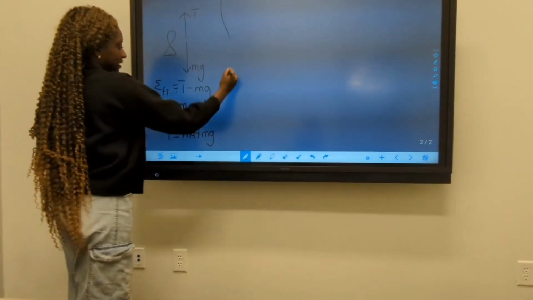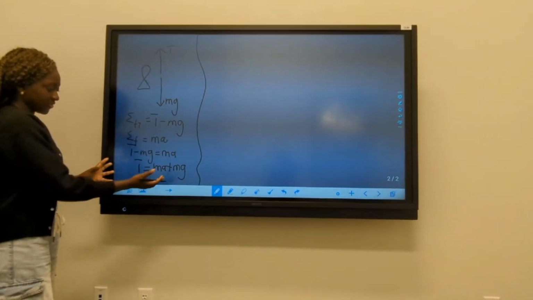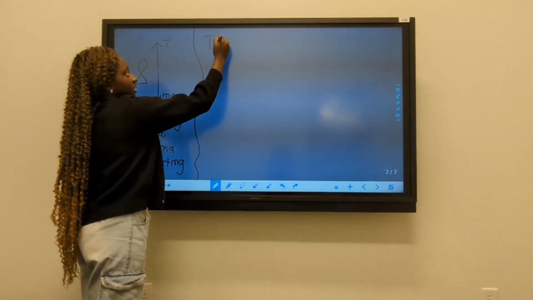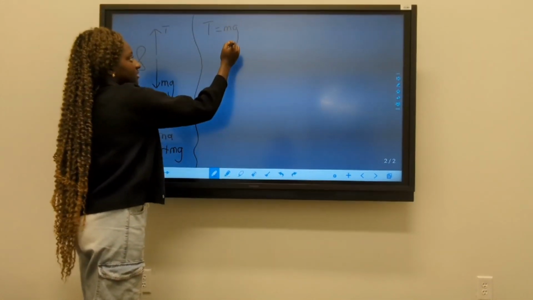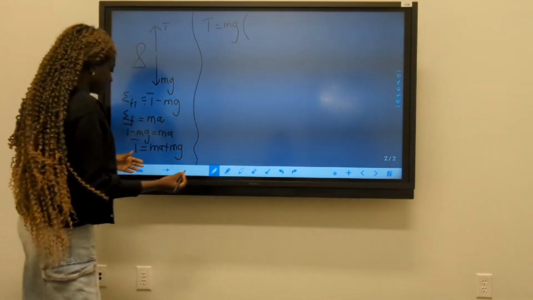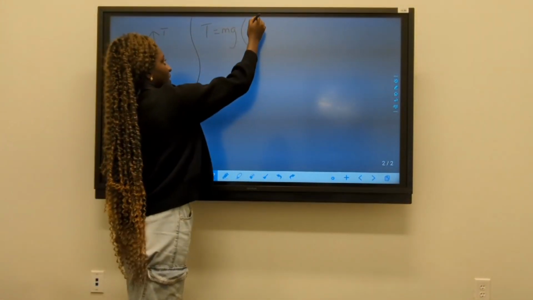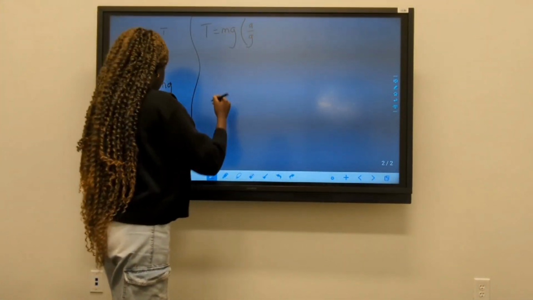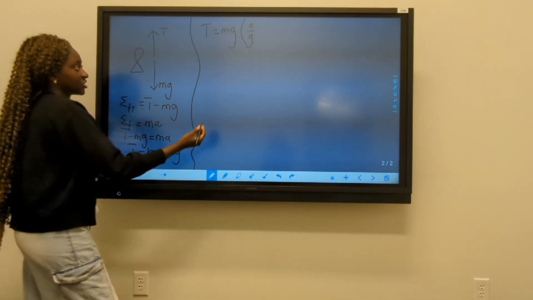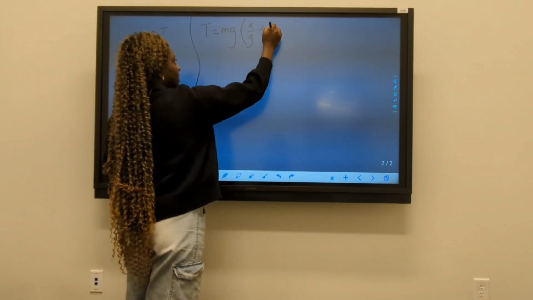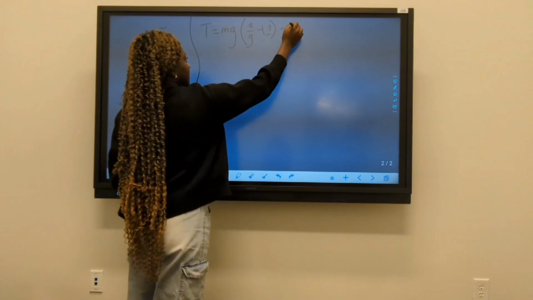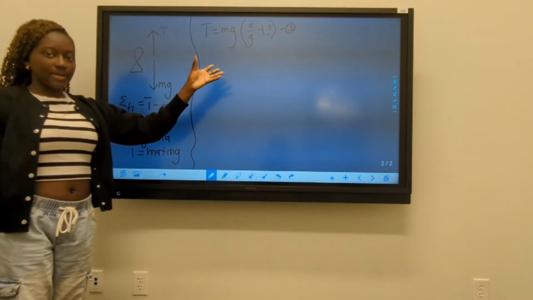So here we can take mg out of this equation. T would then be equal to mg times (a over g plus 1). Taking mg out of mg, that is just plus 1. So this is our equation 1.